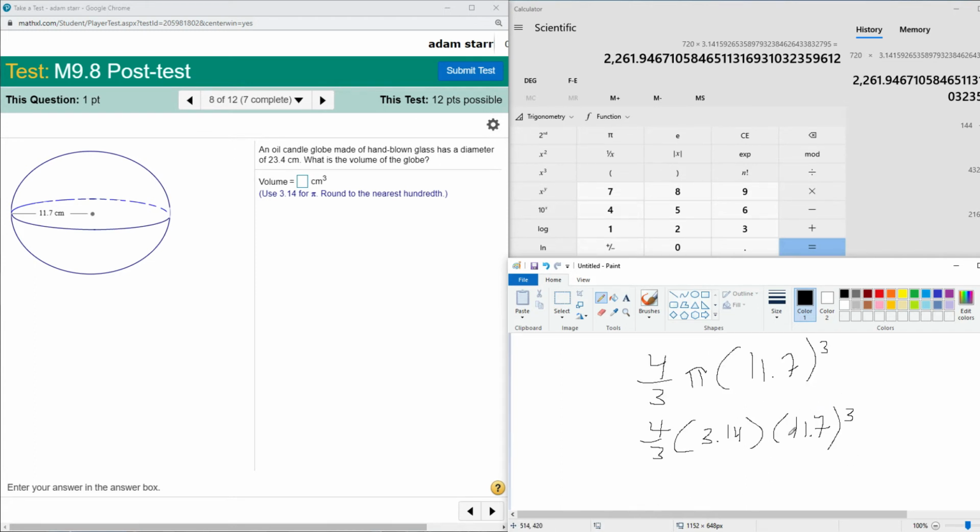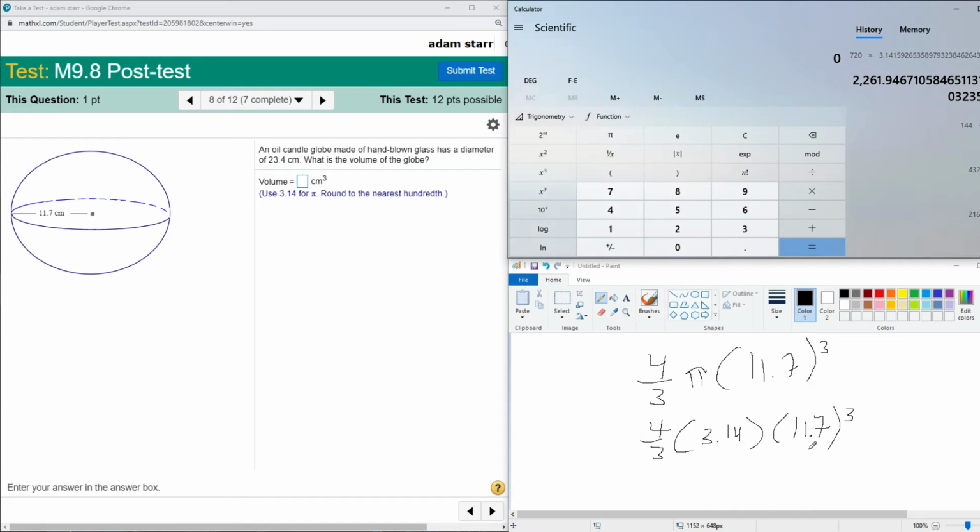This is what's going in the calculator. I'm going to start with the radius cubed. So I have 11.7 cubed, so I'm going to multiply by itself 3 times. 11.7 times 11.7 times 11.7 times 3.14. And then to multiply by 4/3, I'm multiplying by 4 and then dividing by 3.